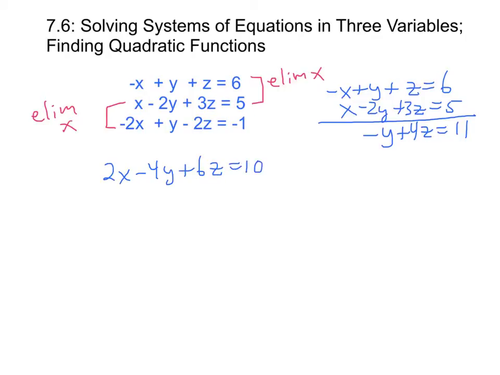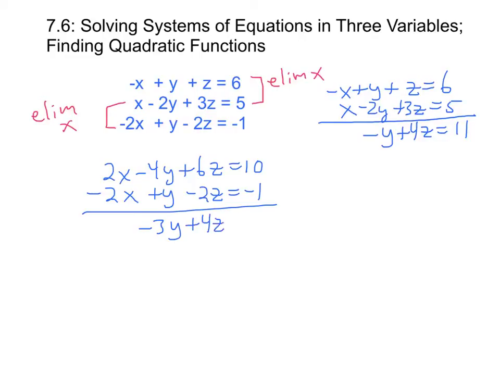And then we'll add that to the third equation. And when we add those, the x's will cancel out, and we'll get negative 3y plus 4z equals 9.